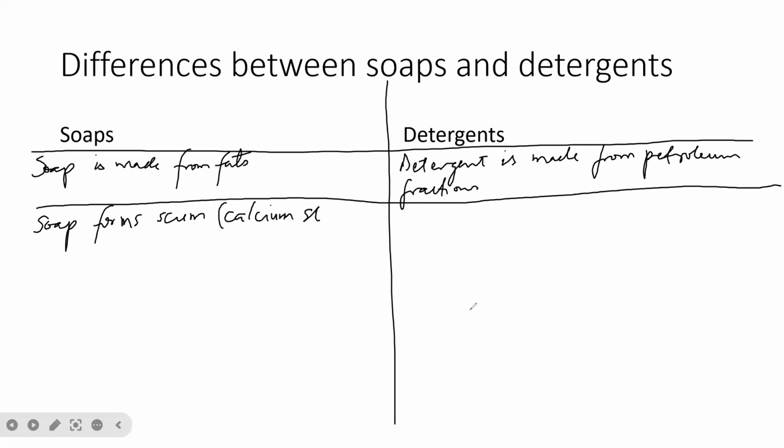Soap forms calcium stearate, while detergents don't form scum. Detergents don't form scum. Okay, who can give us another one?